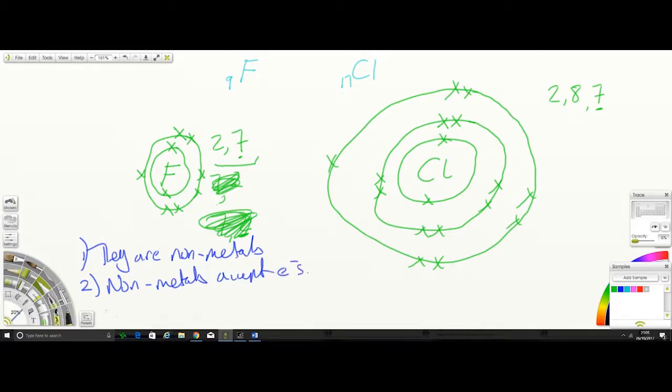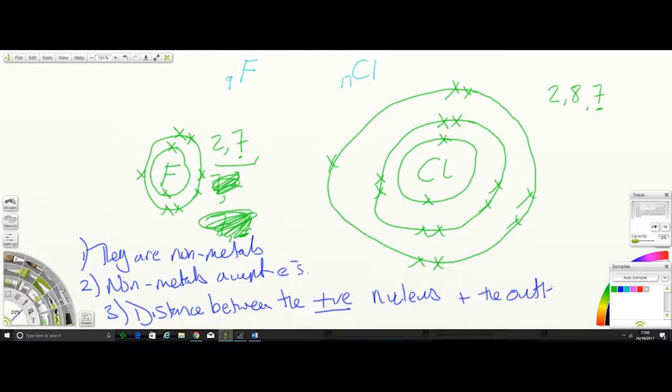Number 3, the distance between the positive nucleus, the positive, that's a short way of writing positive, nucleus, and the outermost electron is smaller for fluorine.